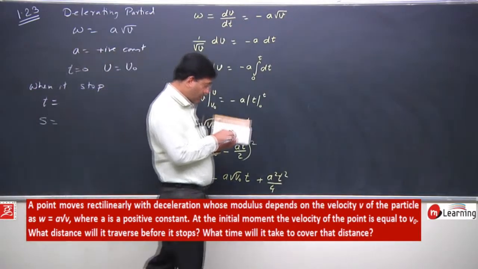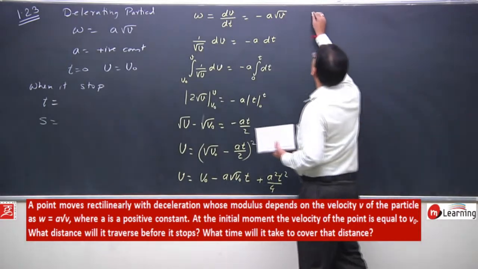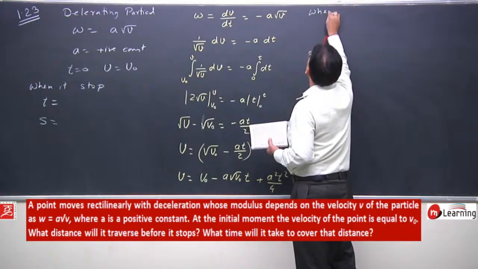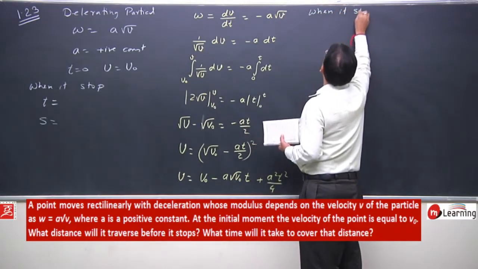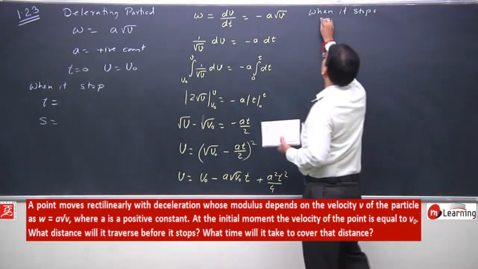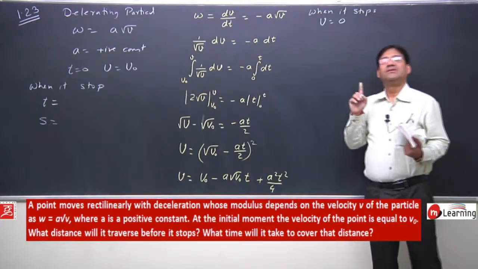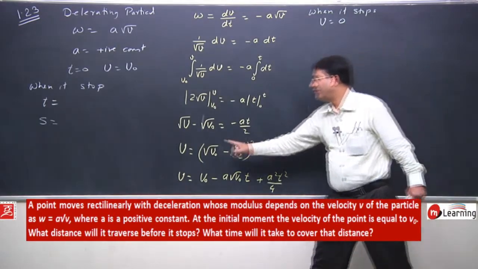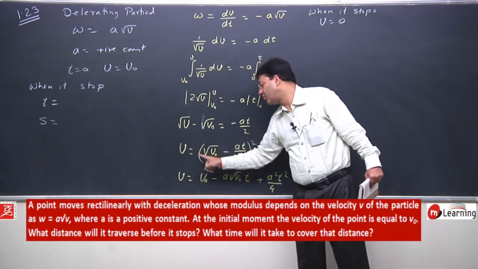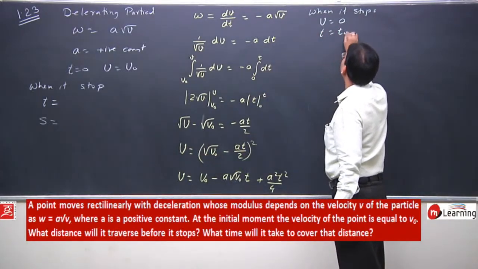Now, I put the condition when it stops. When it stops, the velocity of the particle would be 0. So, when the particle is stopped, velocity is 0 and let us say that time is t naught.